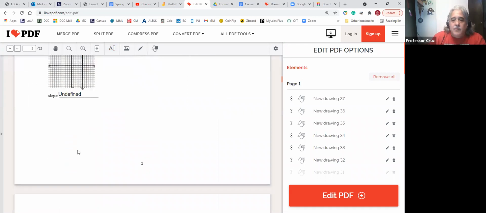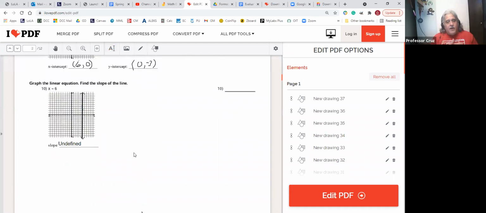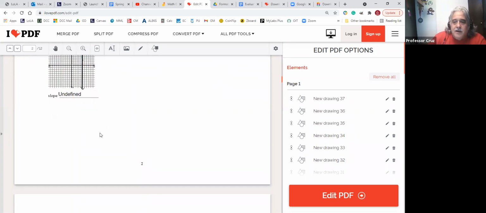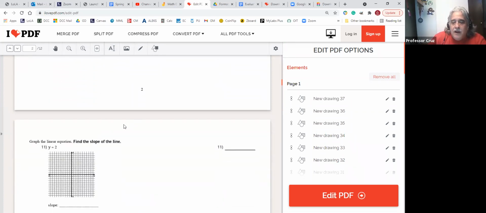Now, this next one is going to be the opposite. You remember how we had perpendicular lines? Like I said, this is kind of a special case because the undefined slope lays vertically, and the horizontal line has a slope of 0.